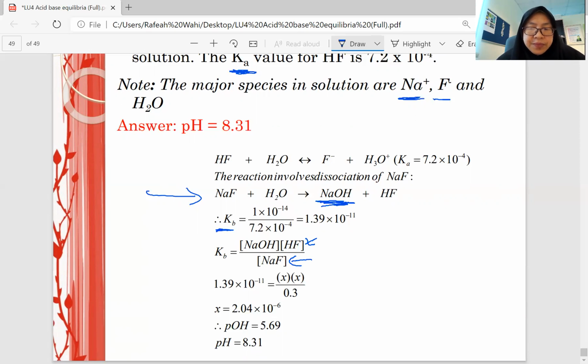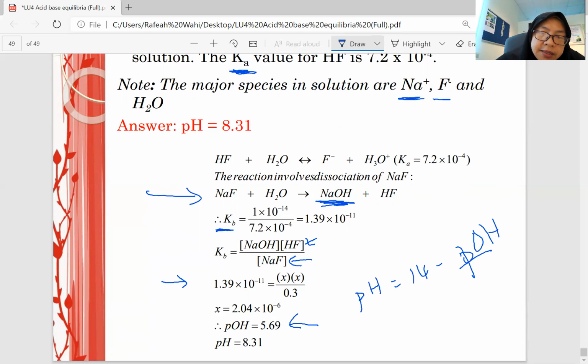Okay. All right. You substitute Kb here and then you get pOH. From pOH, you find pH. pH equals 14 minus pOH. Okay. So this is the Kb expression.